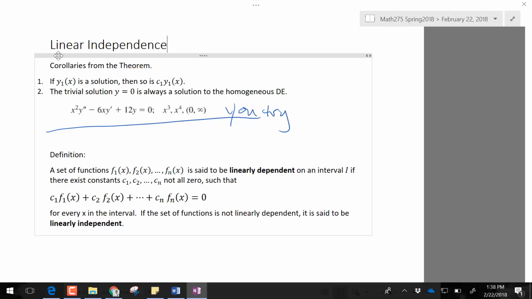The same definition that we have for linear independence with the regular vectors that you know will work with these vector functions, if we look at functions as vectors. If you have a set of functions f1, f2, all the way to fn, they're linearly dependent if you set a linear combination equal to 0 and find some non-zero constants that make it equal to 0.